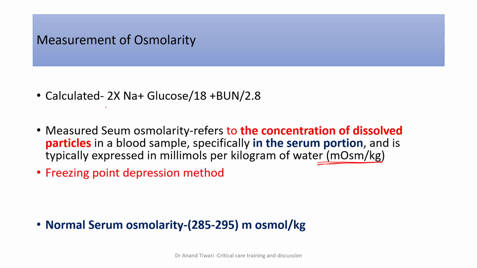You can calculate it as 2 times sodium plus glucose by 18 plus BUN by 2.8, or you can do it in the lab with the freezing point depression method, where the unmeasured osmoles are also captured, and it gives a value of serum osmolarity. What is practical to know is that normal serum osmolarity ranges from 285 to 295 milliosmol per kg.